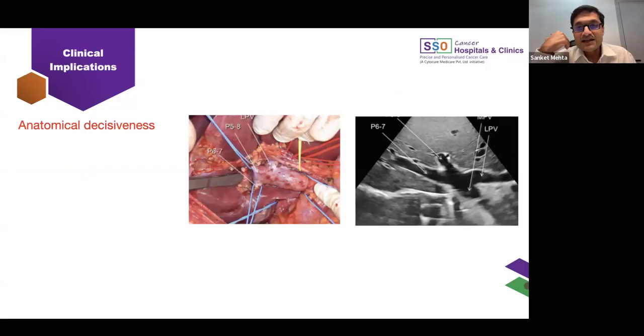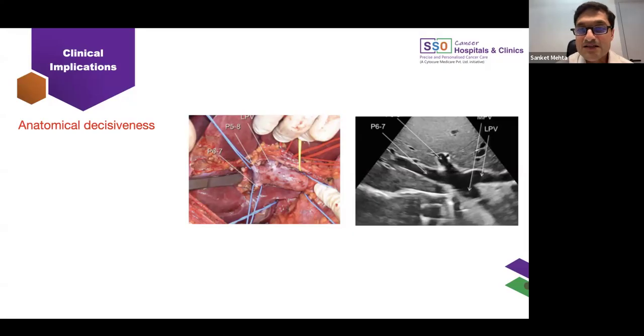Now, what are the clinical implications? What we see is that we have these very complex descriptions of how to do the hilar plate dissection to identify the sectoral pedicles, then loop them, and then block them and give ICG for negative staining, which is like a 2-hour process to identify the segment of the liver.